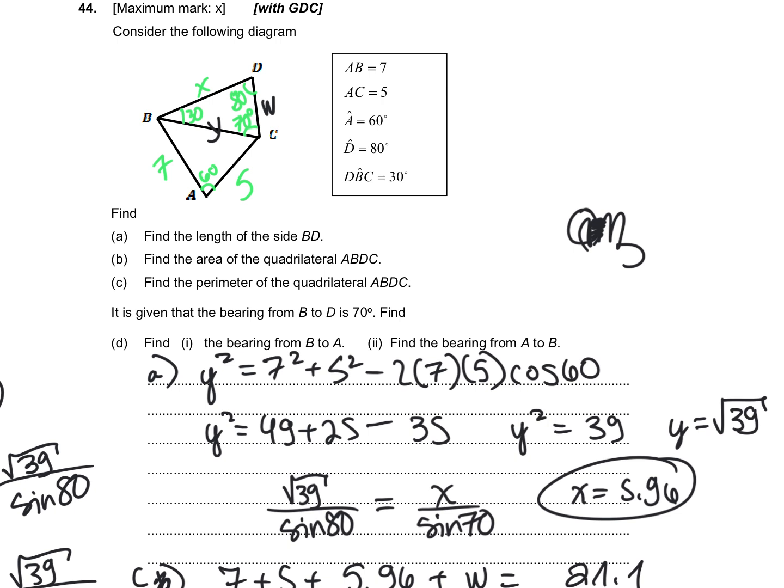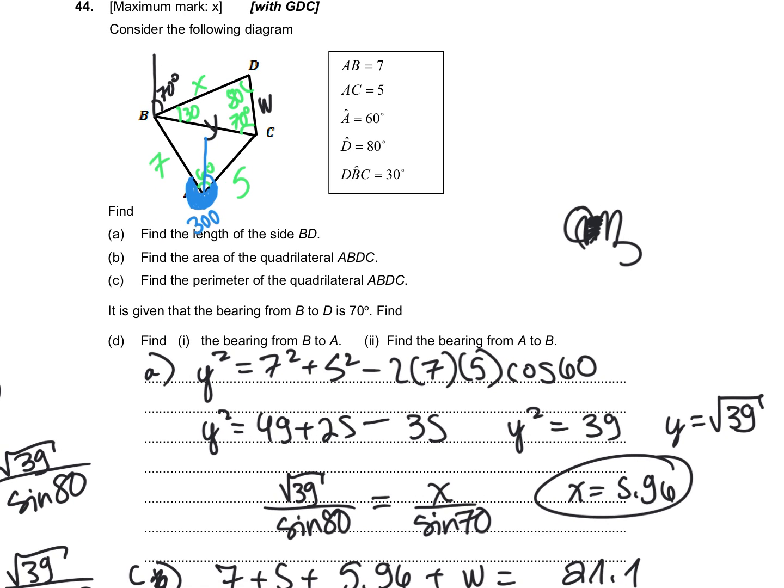So B from A. So we want that whole thing. Okay, so first of all, this bit, if I fill this in, that's going to be 300. So we need to find this little bit here.